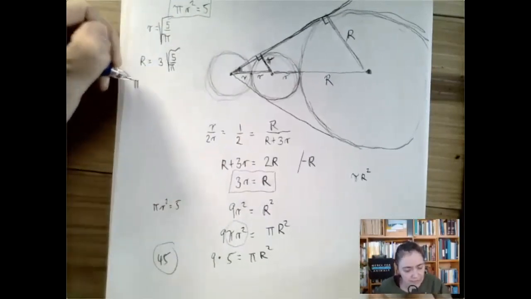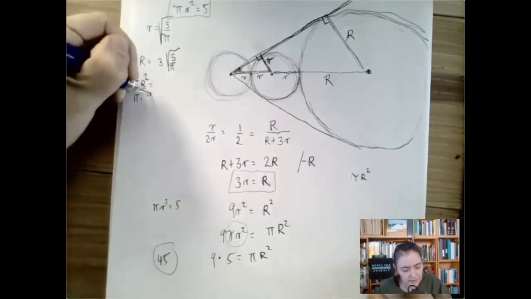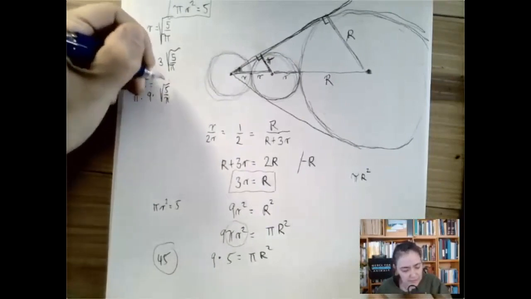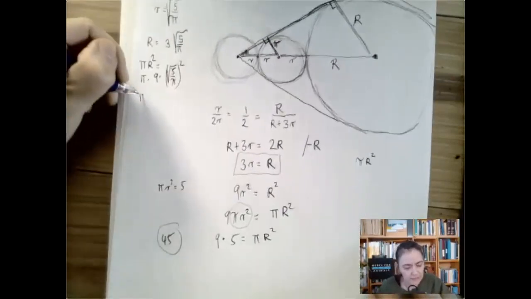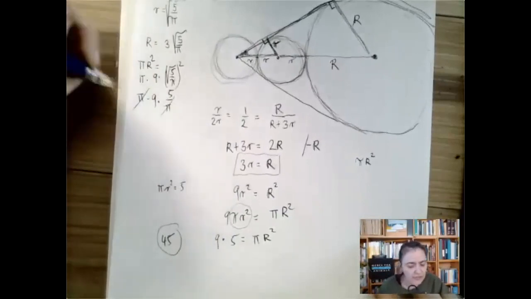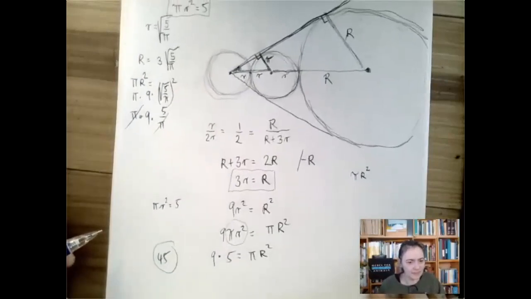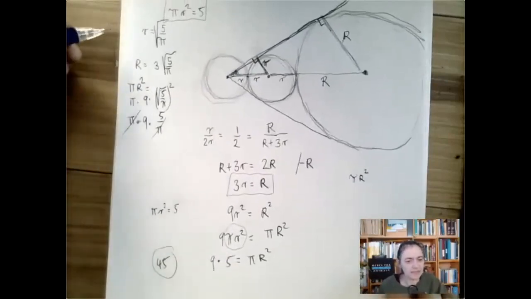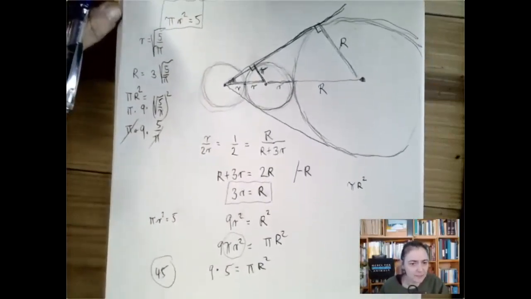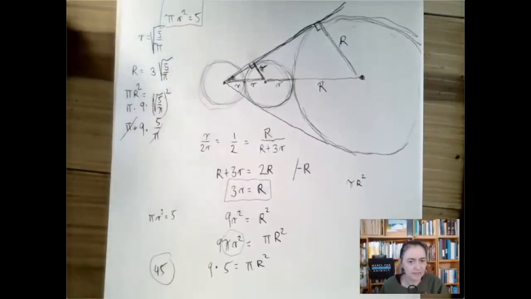And when we compute pi capital R squared, it's going to be pi times 9 times square root of 5 over pi squared. So it's pi times 9 times 5 over pi. So it's not that big of a deal if you don't go for that elegant thing. But sometimes that's available, that what they're asking is much more pleasant than that intermediate result that you might not even need.